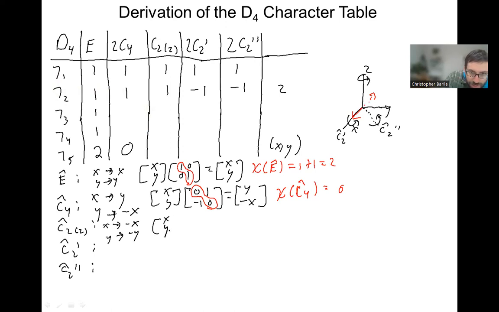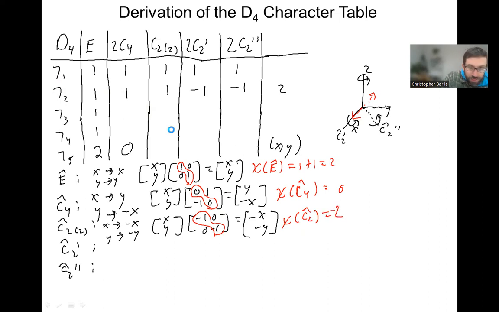That's going to get us a matrix that looks like -1 on the diagonal. Take the trace of that matrix, -1 plus -1, and then the character for the C2 operation, C2z, is going to be equal to -2. So we can put a -2 here.